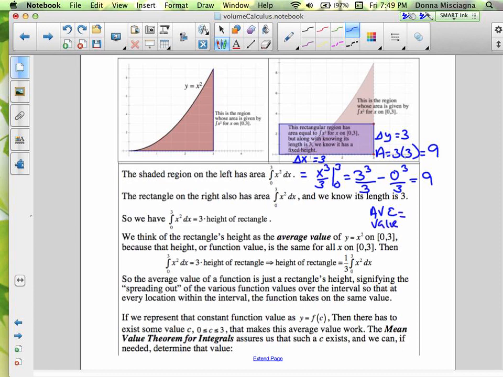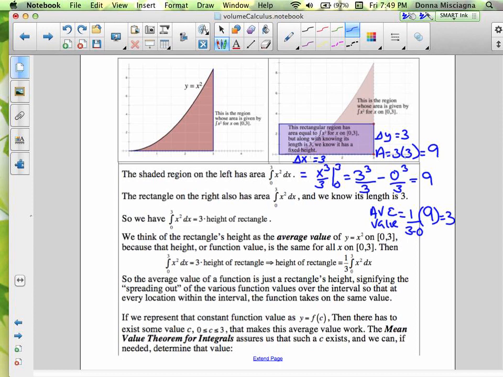We know the total area is 9, and the change in x is 3 minus 0. So 9 divided by 3 is 3. So 3 is our average value. And our rectangle has a height equal to our average value, because together that height and our width give us 9. So we have it perfectly drawn in there. You can think of the rectangle's height as the average value of our function on 0 to 3.